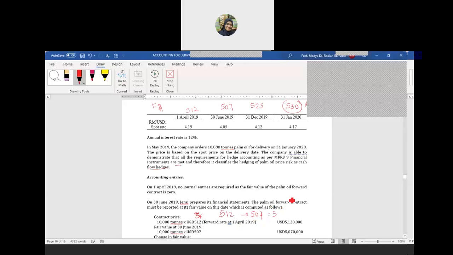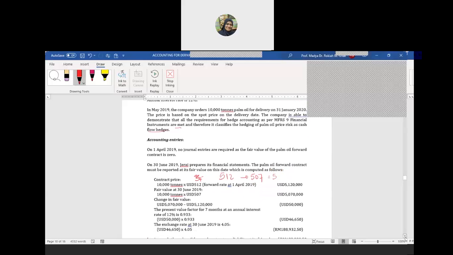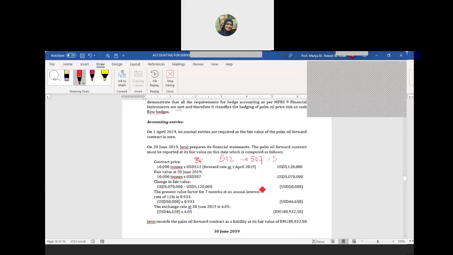So 5 times the quantity that you want to buy here, which is 10,000.